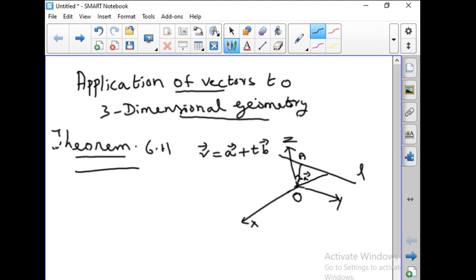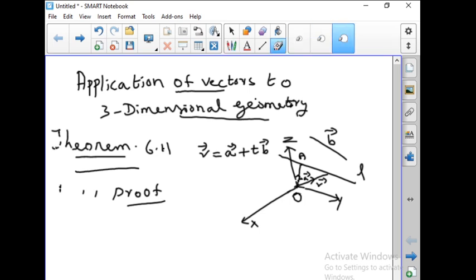So the vector OP is equal to r. Consider a vector parallel to the line, taken as the vector b. Now we will see the proof of the theorem.